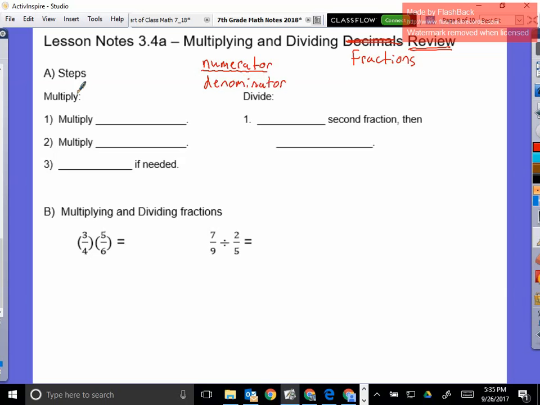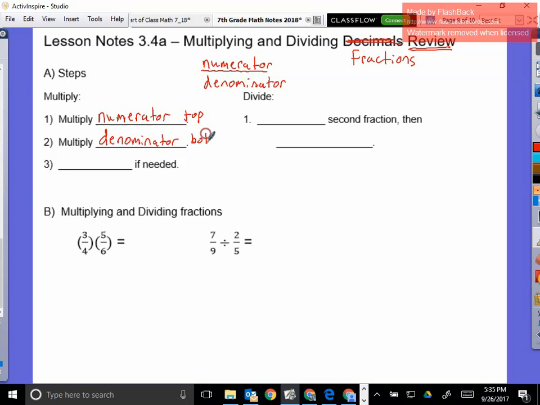We're going to start over here with multiplying. When we're multiplying fractions, the first thing you want to do is multiply the numerators, the top. Second step, you're going to multiply the denominators.